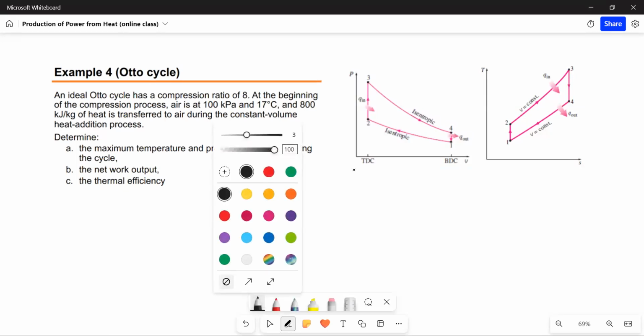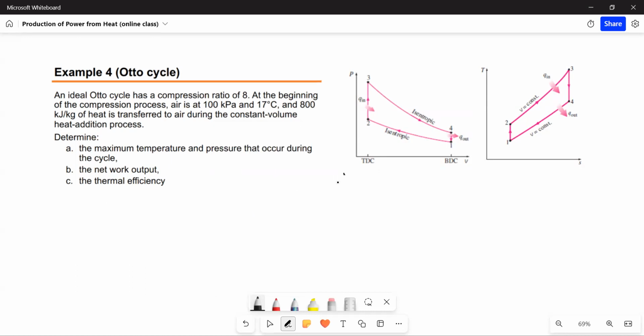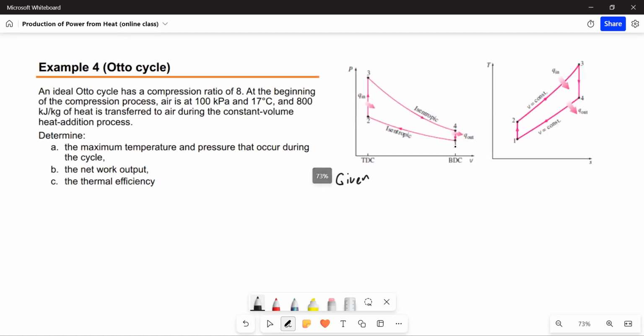Given. So we're given P1, the start of the compression, right? Start of the compression. So P1 equal to 100 kilopascals.